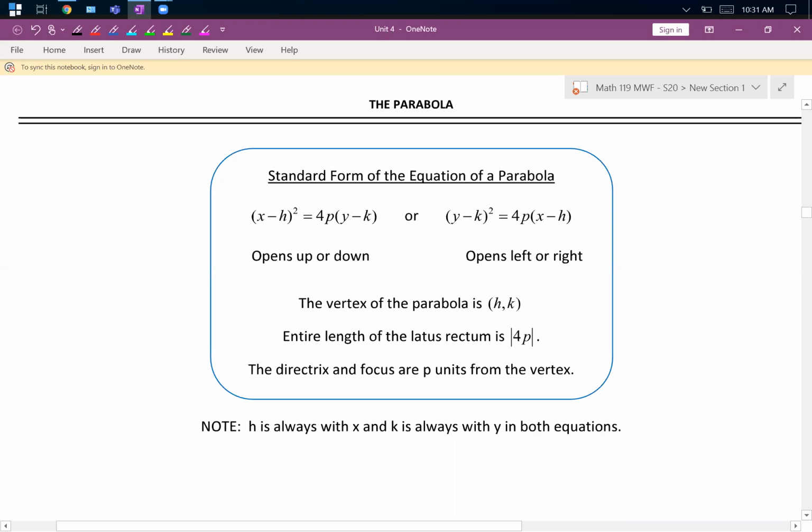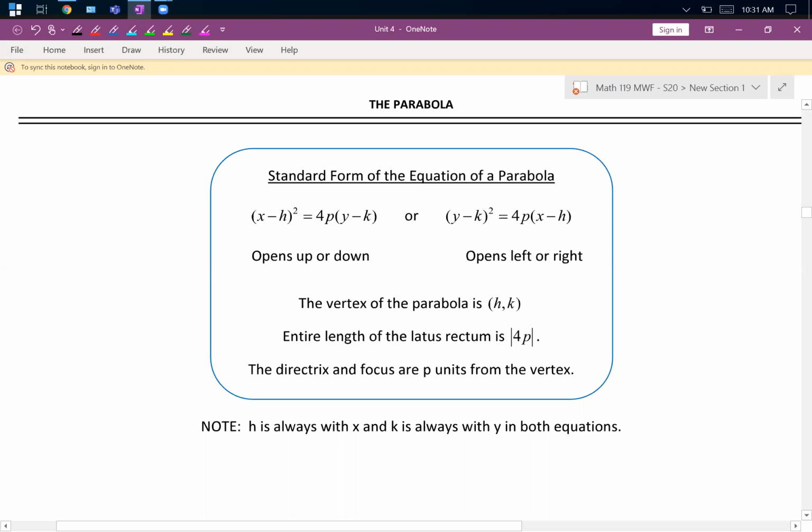I think of it that way because with the other two conics, if the big number is under the x, we say it's big in the x direction, or with hyperbolas, if the x is first, it opens in the x direction. Well, that's not necessarily true here. It's actually the opposite. Whichever one's squared, it opens in the opposite direction. So rather than thinking that, I just go back to, I've been graphing x squareds a long time, and they always open up and down. So if it's y squared, it has to be the other one.